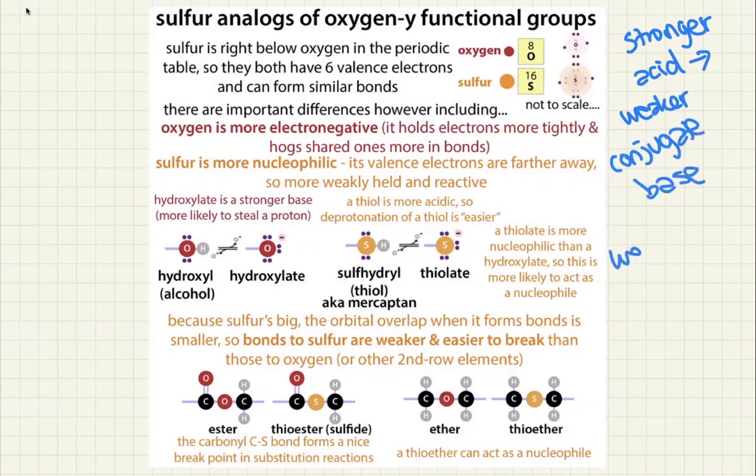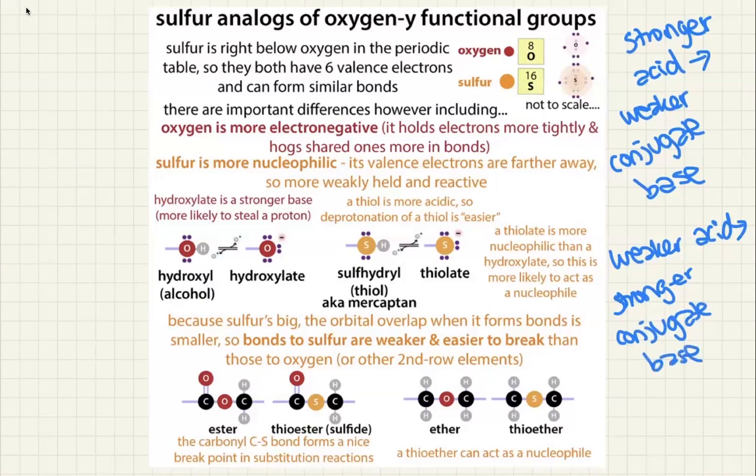And a weaker acid is going to have a stronger conjugate base. And if something is a weaker base, well, it's weaker because it's happier as is.